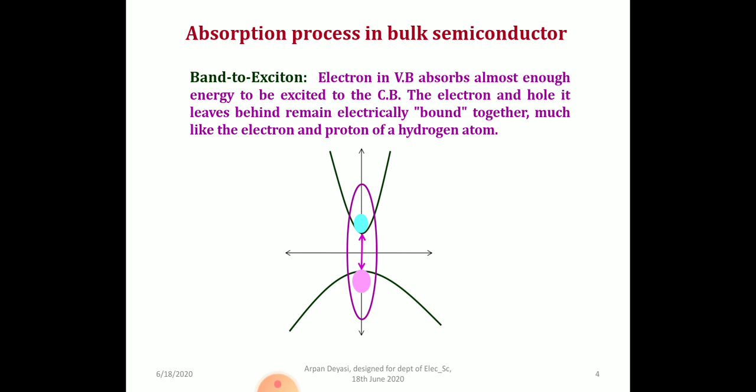If they form an exciton, then this is nothing but like a protium, 1H1. So this is called the band to exciton absorption process.